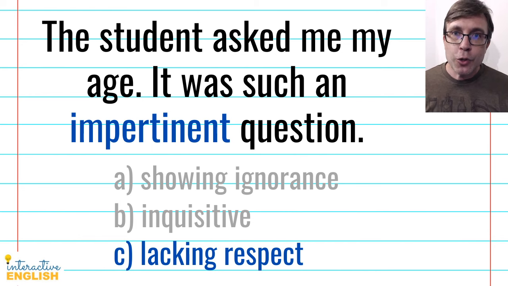Often I think you would use this adjective as a predicate adjective at the end of the sentence, and you may describe someone and say that this person is impertinent. So I often think this adjective may come as a predicate adjective after the verb to be, and you'd say somebody is impertinent, or they are impertinent, and it's lacking respect.